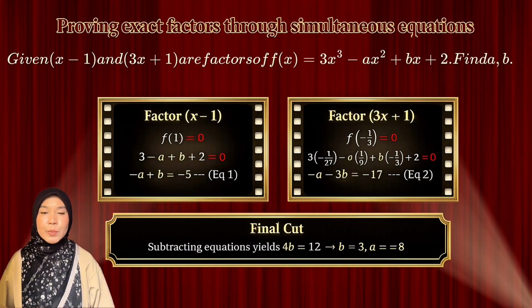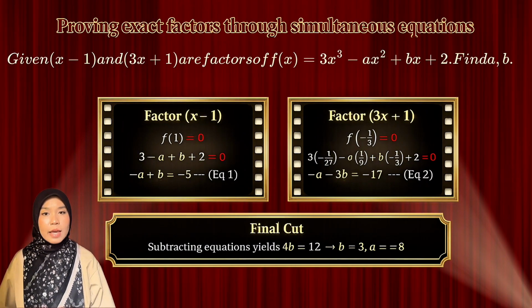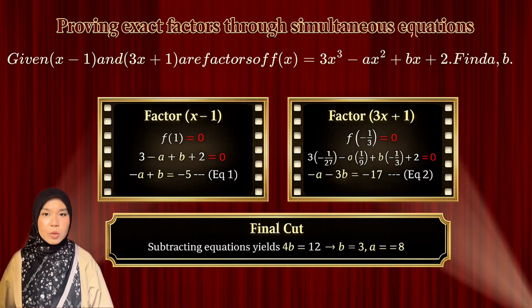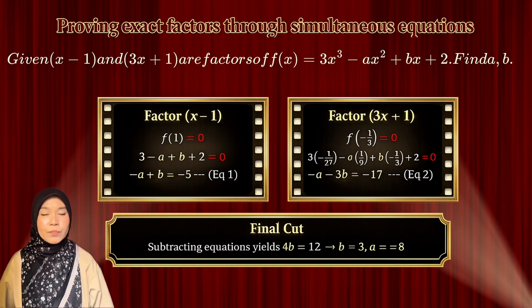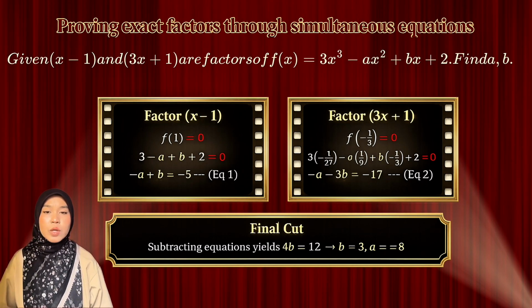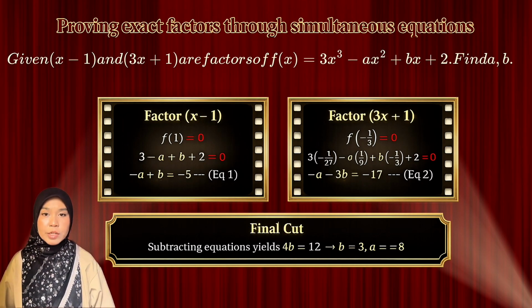Suppose x minus 1 and 3x plus 1 are factors of the equation f(x) equals 3x cubed minus ax squared plus bx plus 2. Since x minus 1 is one of the factors, f(1) becomes 0. We substitute x equals 1 to get our first equation.